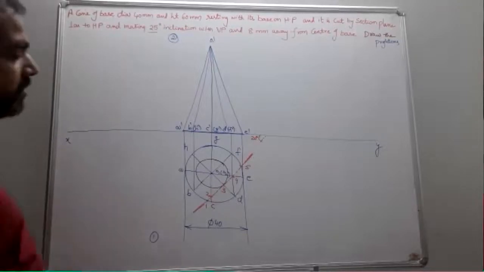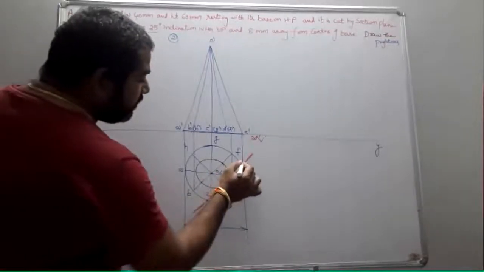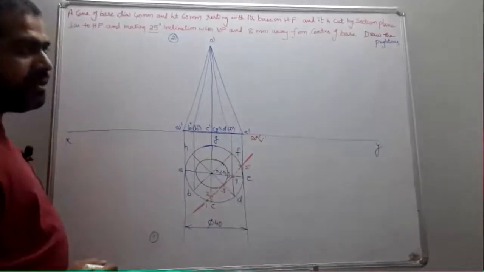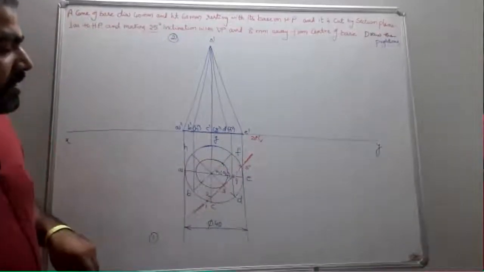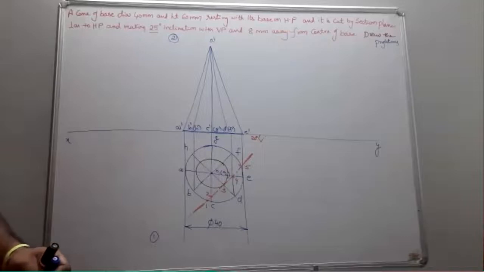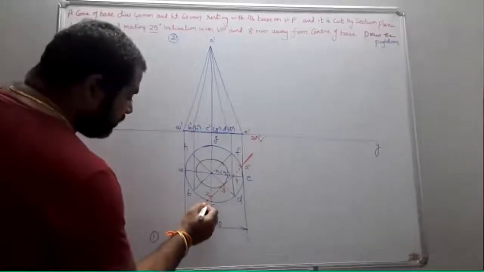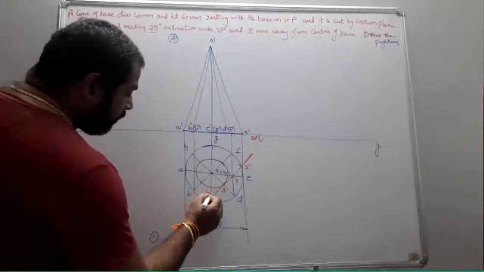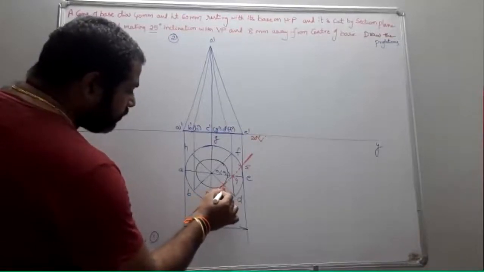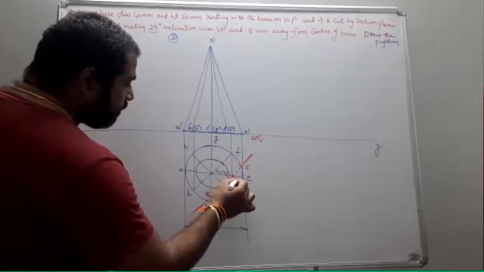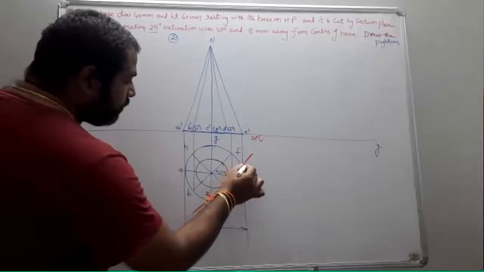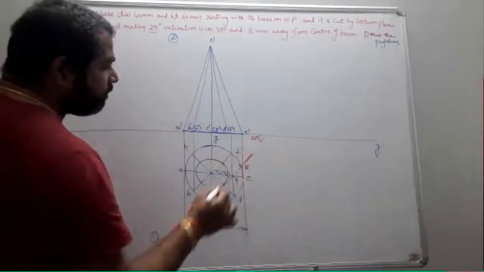Okay, students, it cuts the FE base edge at the center in between F and G, and I just obtain my point 5. Okay, this becomes your 1, 2, 3, 4, 5.